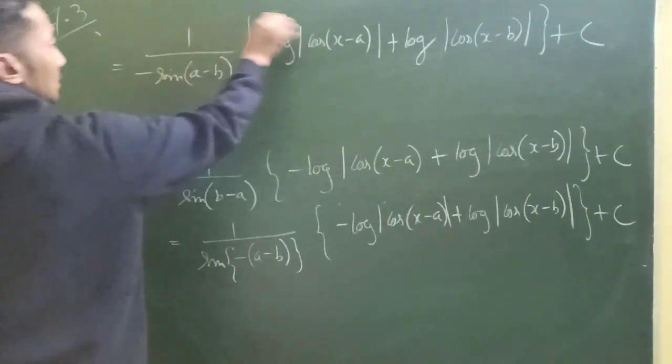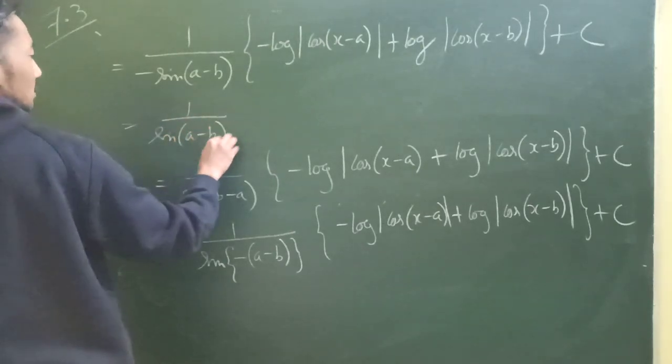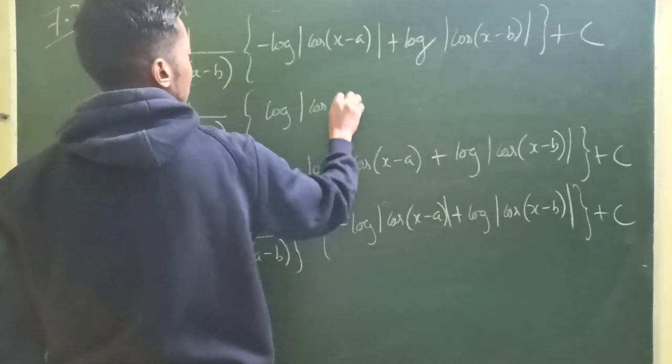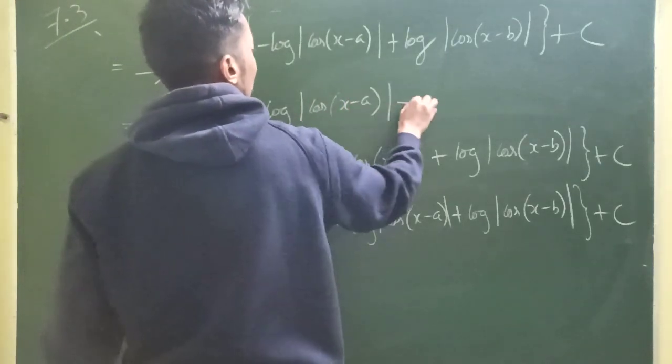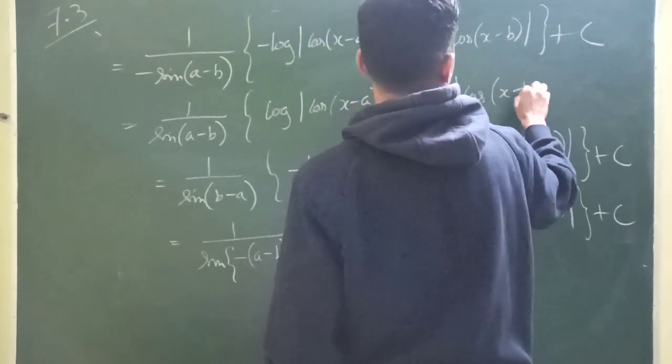Now this negative value, if I bring it inside, that will be plus log of cos(x minus a) minus log of cos(x minus b).